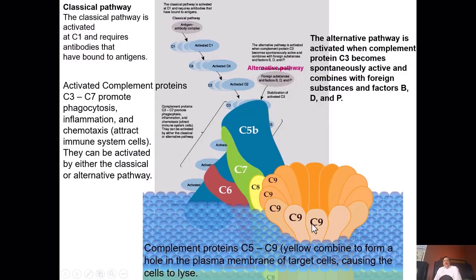Here you can see, as I told you in the lecture in the beginning, the meaning of this picture. Here is a barrel-shaped form. This is the membrane attack complex by the alternate pathway, and by the classical pathway the protein C9 makes a cylindrical structure attached with these C7, C6 and C8.